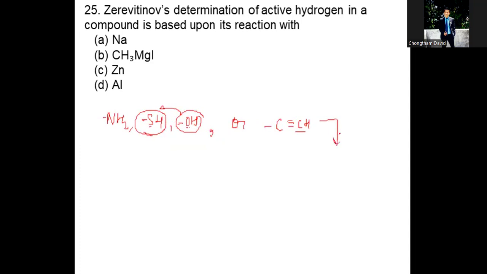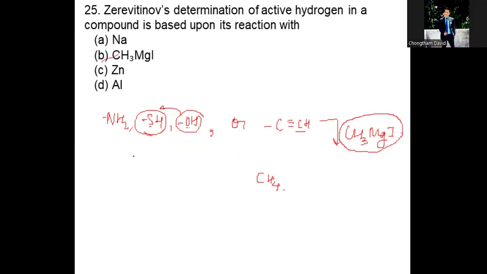So when these are treated with your Grignard reagent, let me give you one Grignard reagent, methyl magnesium iodide, what will be formed here? You are going to generate methane. So Zerewitinoff determination of active hydrogen is based upon its reaction with this Grignard's reagent, methyl magnesium iodide.